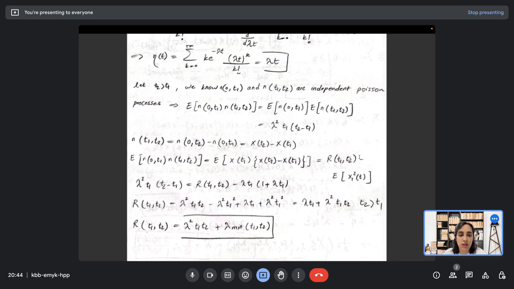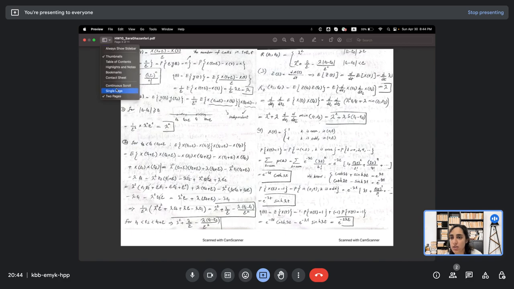We know the value for the left side and the rightmost term, so we can find r of t1 and t2, which is the expected value of n of 0 to t1 times n of t1 to t2, plus the expected value of x of t1 to the power of 2.